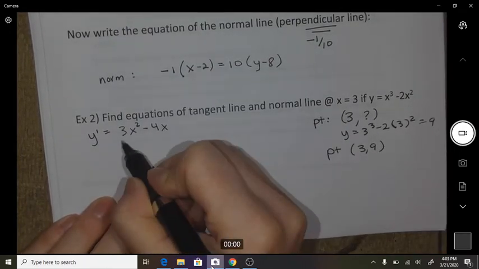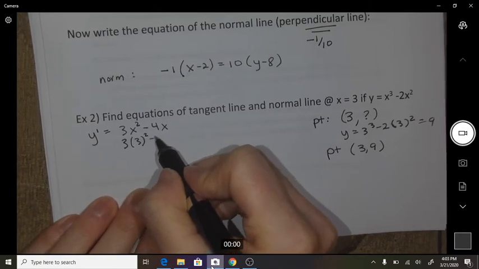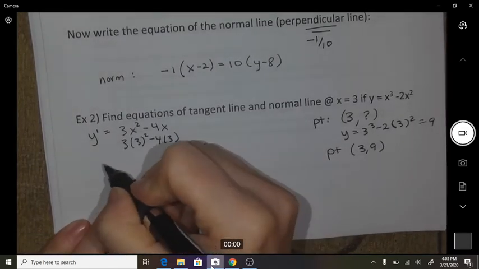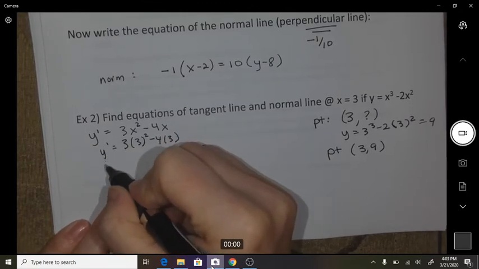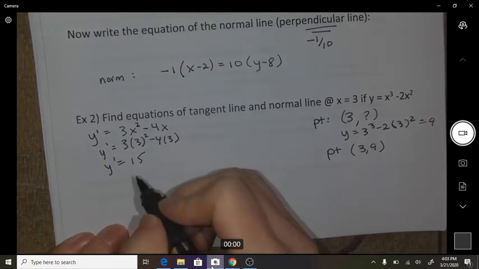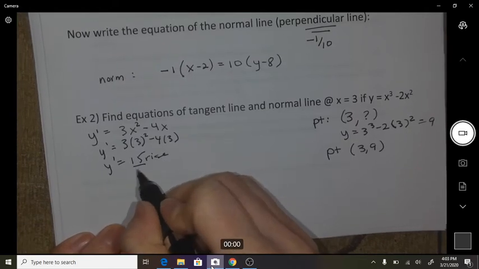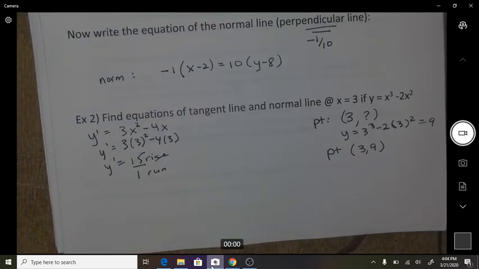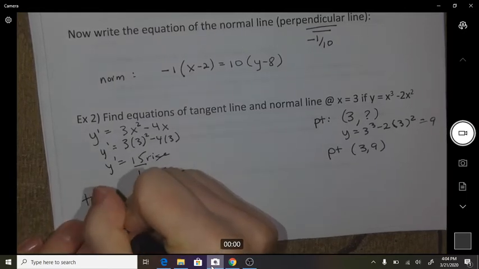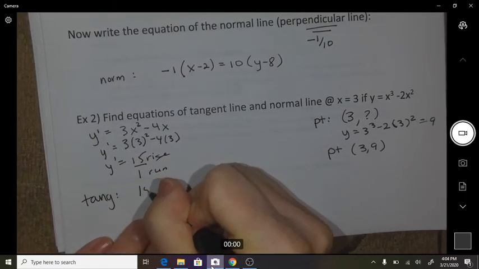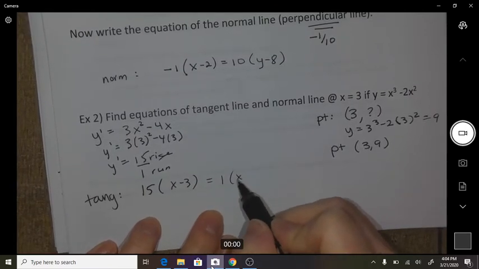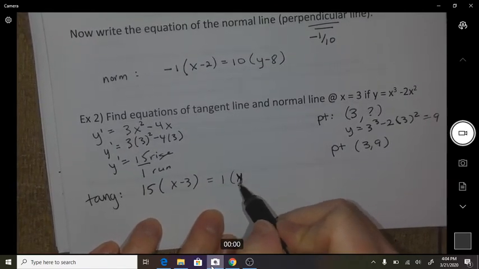So that's the derivative equation. Specifically at x equals 3 though is what I want to know. And now I know that the slope equals 15. That's the rise over, obviously, a run of 1, 15 over 1. Okay, so the tangent is going to be 15, x minus 3, 1, y, sorry, minus 9.